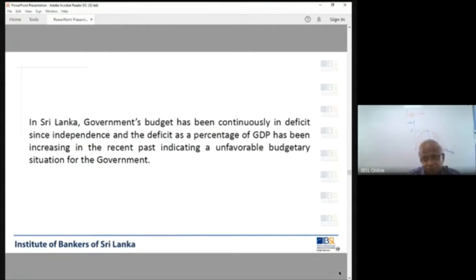No. You have to manage. Individual households can't, but the government can do that. That is the nature of the government. The powers of the government permitted governments to maintain these deficits, right?